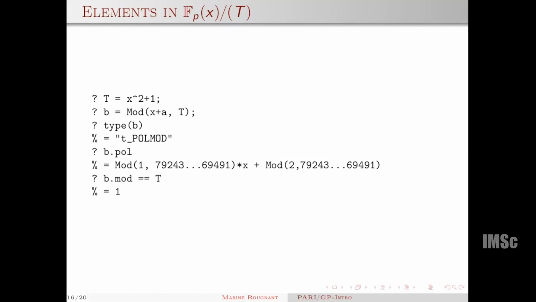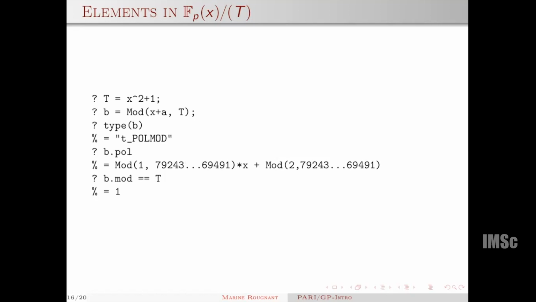Okay? If you have some type of b, it's a polynomial. It's a polynomial mod something. And all the coefficients of this polynomial are mod p integers. You can always recover the polynomial that you used at the beginning by lift.